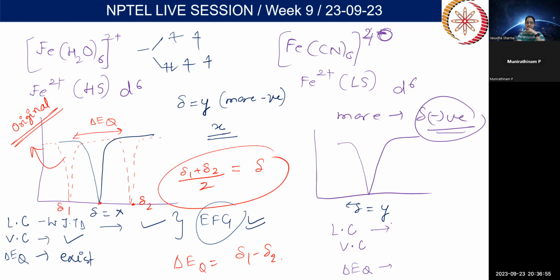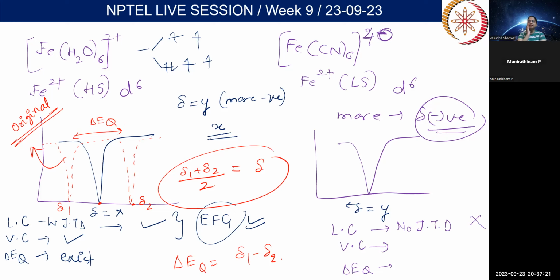In the Fe(CN)6 complex, the ligands are the same and Jahn-Teller distortion has not occurred. So there is no lattice contribution.